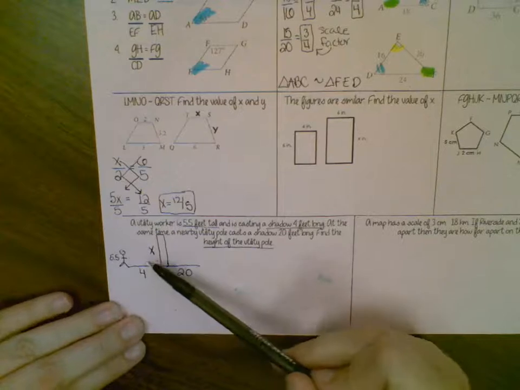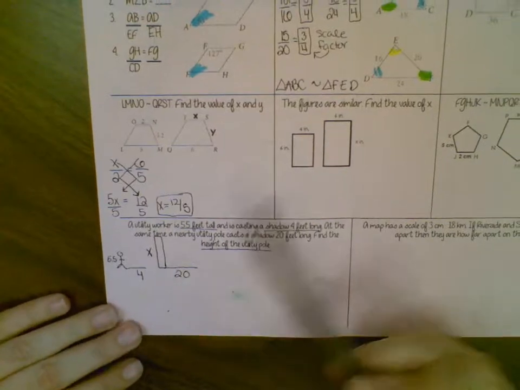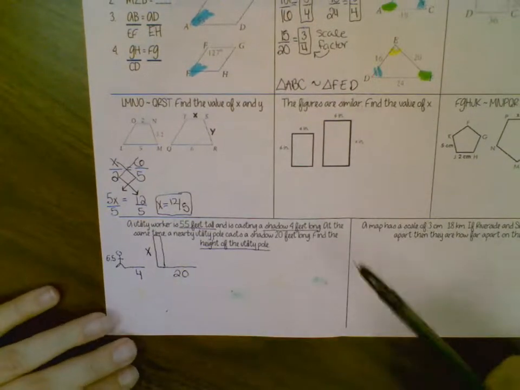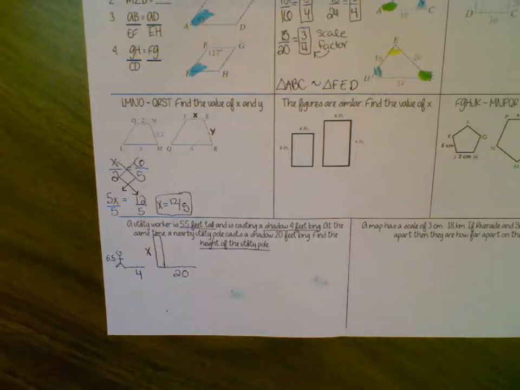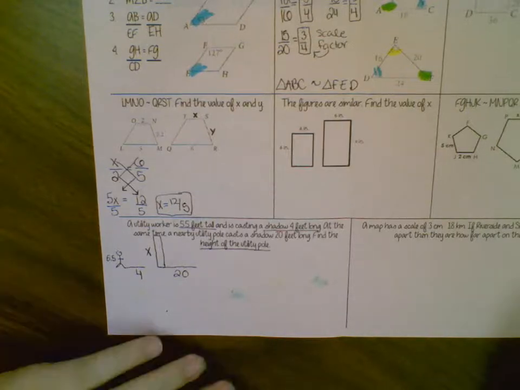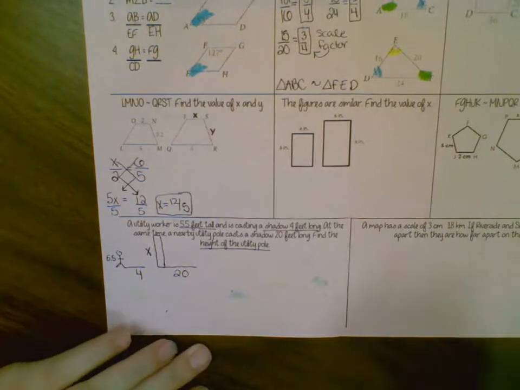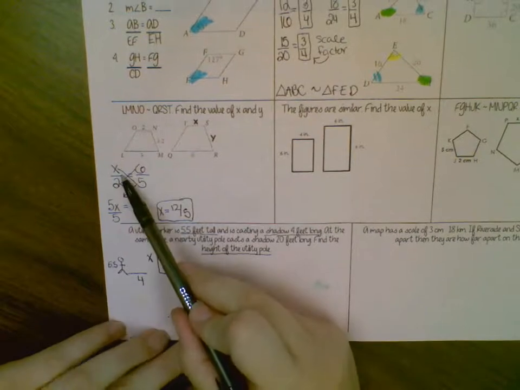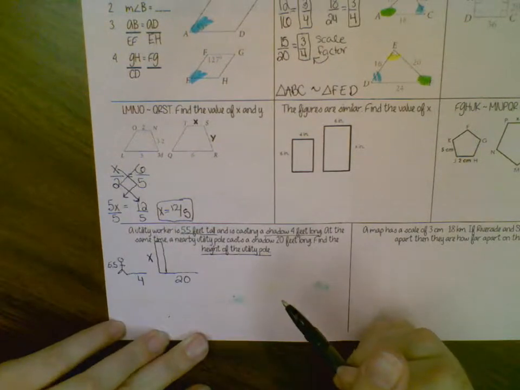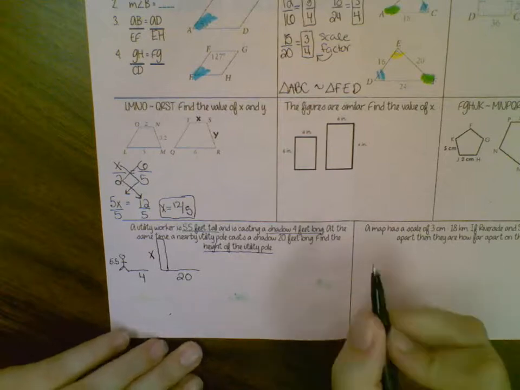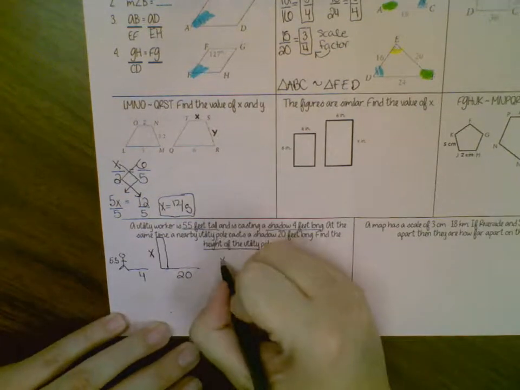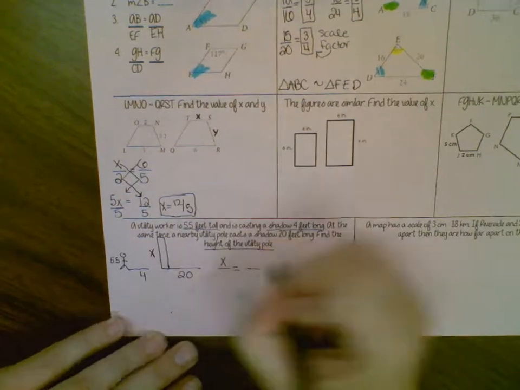If we connected those, we'd have triangles, and it would be kind of like what we did in the first beginning examples. So we can write a proportion comparing those two similar things. If you want to do what we did up here and put X in the top spot, you can. You don't have to. There's a bunch of different ways to write this proportion and still have it all come out the same. I'm going to do it with X on the top just so we have some consistency.